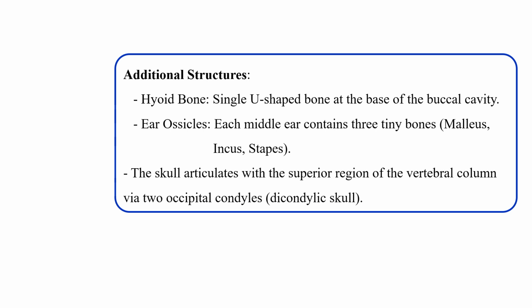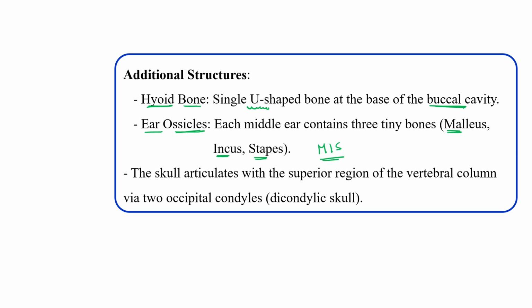There are some additional structures also present in our skull. First is the hyoid bone, which is a single U-shaped bone present at the base of our buccal cavity. And the ear ossicles: 3 bones are present in the middle ear. The middle ear contains malleus, incus and stapes, three very, very tiny bones.